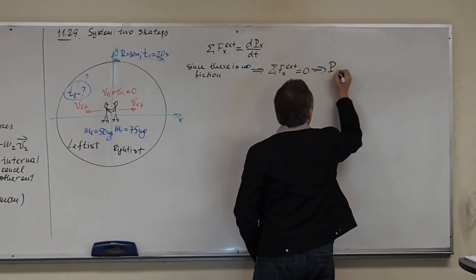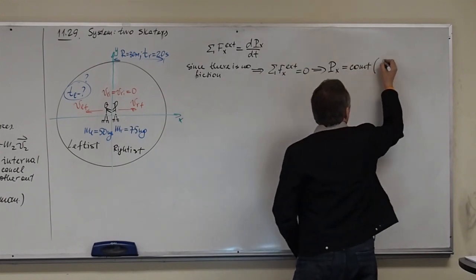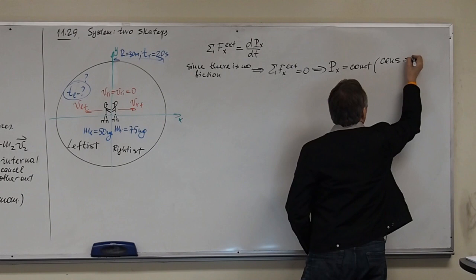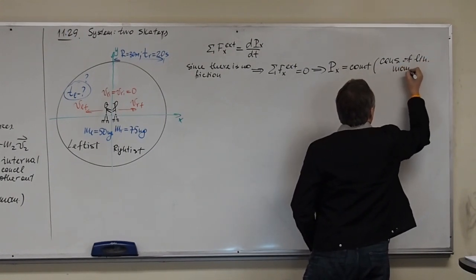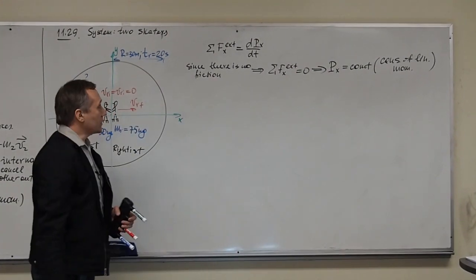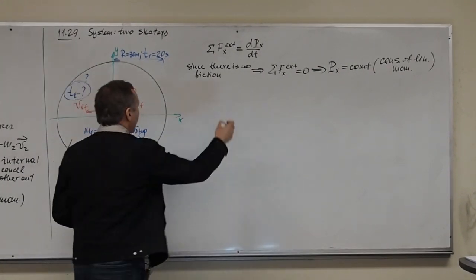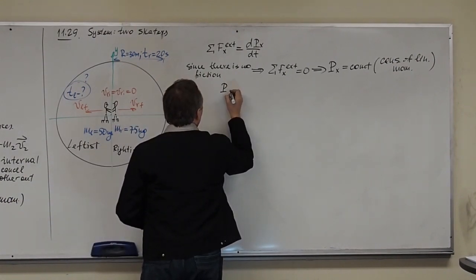So px equals constant: conservation of linear momentum. Now let's apply that conservation of linear momentum. First, I will write P, the total linear momentum. Let me start with final.